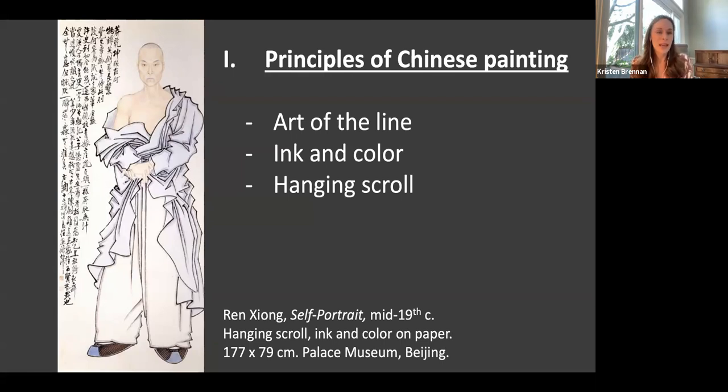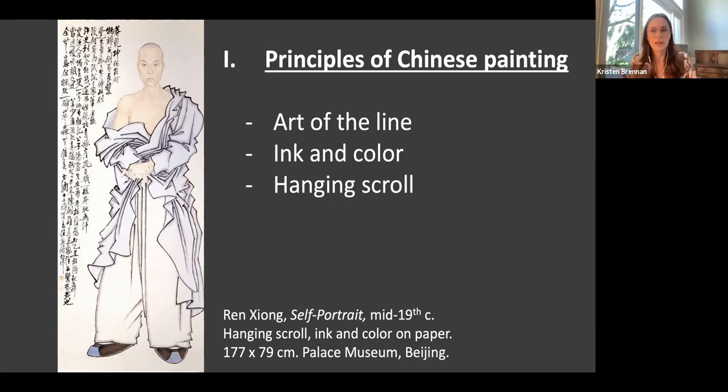And the hanging scroll in particular is especially public in its nature. Hanging scrolls like this, and this one, as you'll notice from its dimensions, is quite large. It's over 5 feet tall. So if this is hanging on a wall, it has command of the whole room. This is a very impressive and evocative work, as opposed to a hand scroll, which would have been viewed probably on a table by a limited number of people.